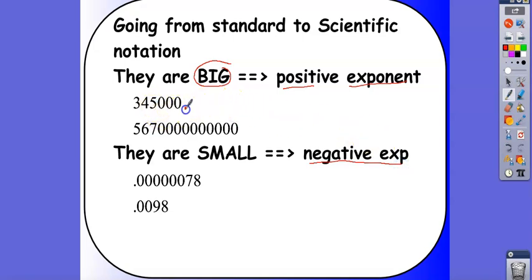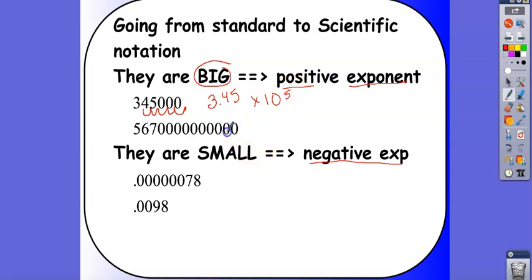Right now, the decimal is right there. So let's move the decimal where it needs to be. 1, 2, 3, 4, 5. So it should be 3.45. And how many places did I move the decimal? 5. And I know it's positive because it's a really big number.